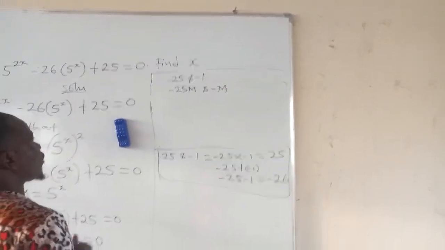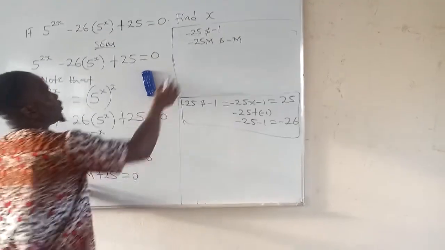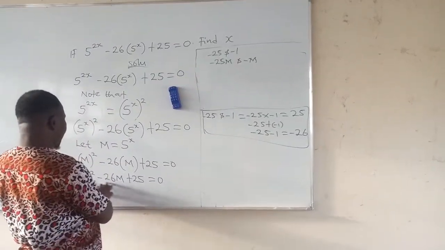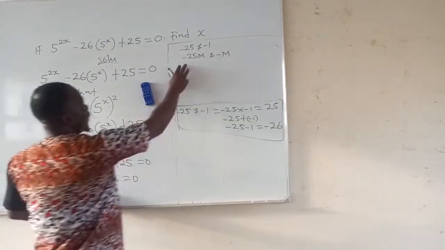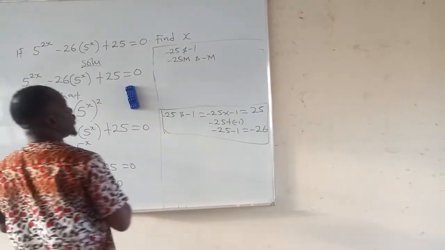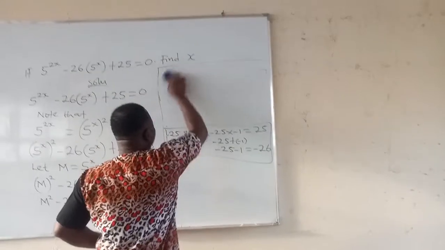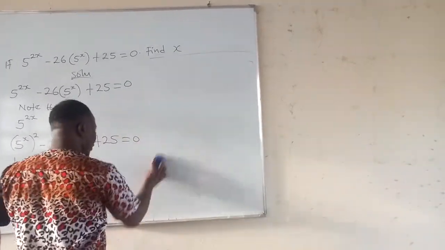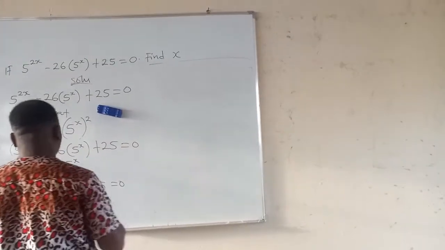It means you are going to substitute these factors to replace this minus 26m. Is that clear? So this is how this equation will be.